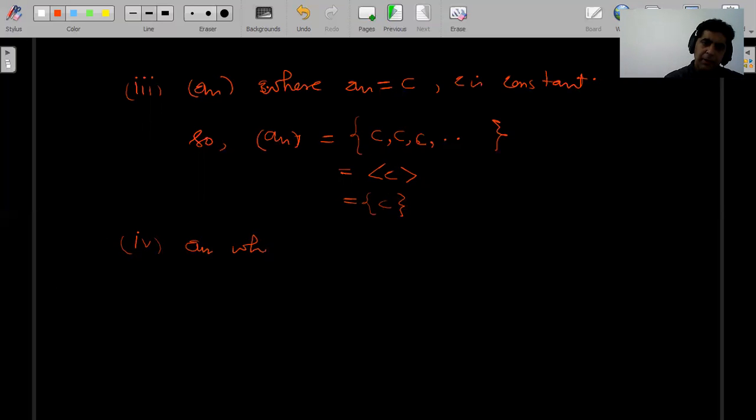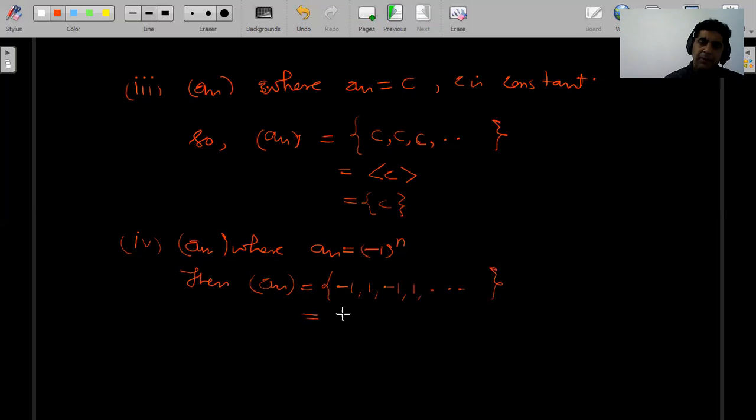Right? One more example, very common example. An where an is equal to (-1)^n is a sequence. Then an can be written as -1, 1, -1, 1, and so on. This can further be written as -1, 1.